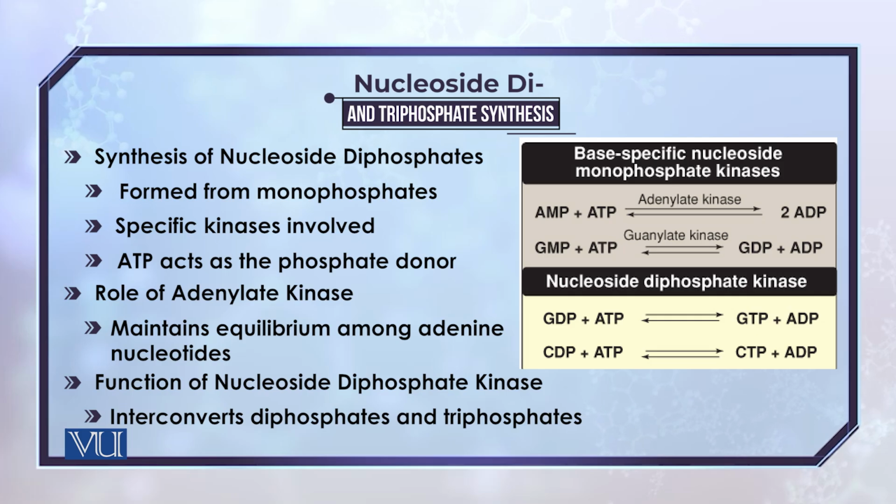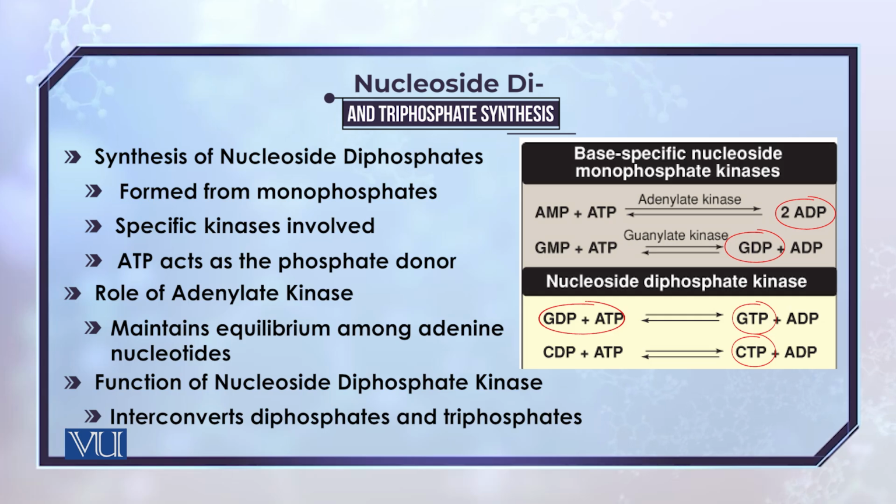So AMP and GMP, under the action of kinase enzymes, are phosphorylated to form ADP or GDP, and these ADP and GDP are then further phosphorylated to form finally the corresponding triphosphate molecules, ATP and GTP.